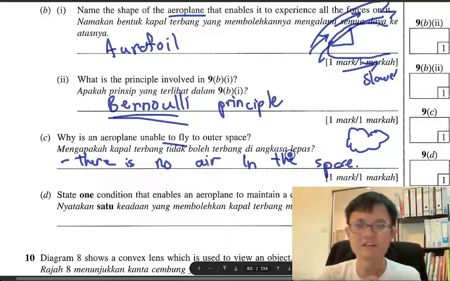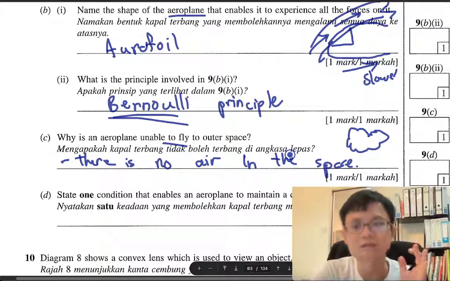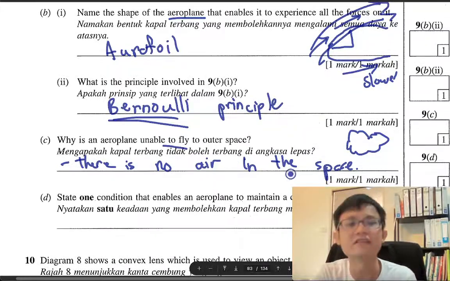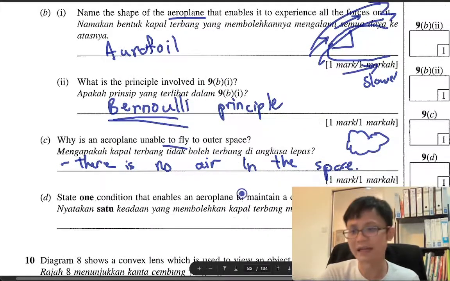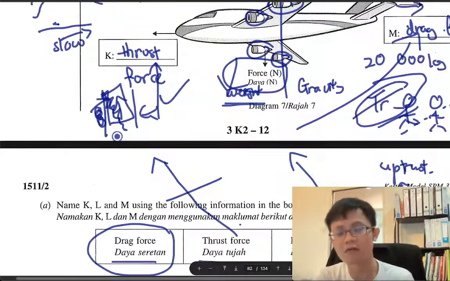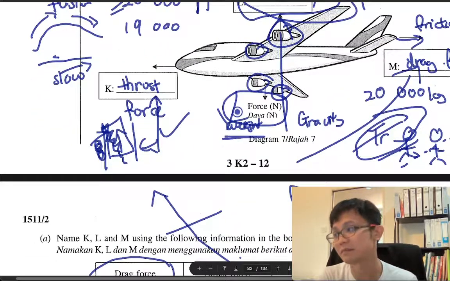Even if you put it out in space and turn the engine on, it cannot move even 1 cm because there is no air. Because there is no air, there is no thrust force. When there is no thrust force, there is no lift force, if you want to explain it.